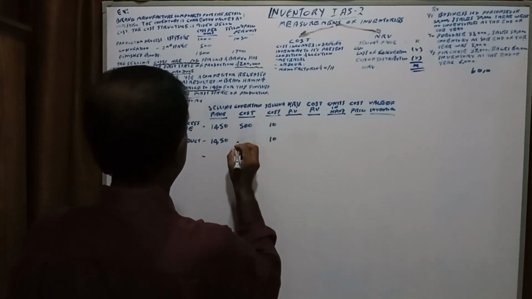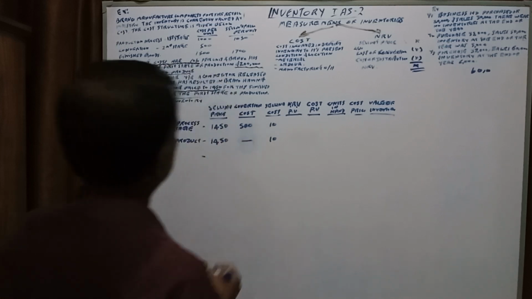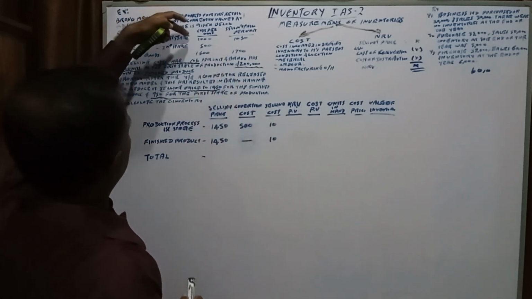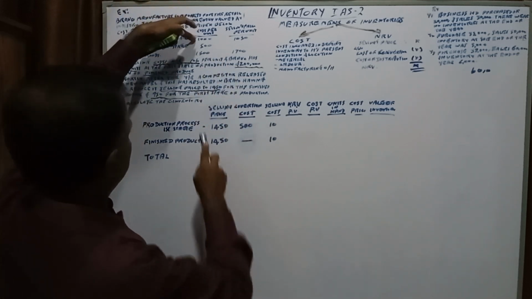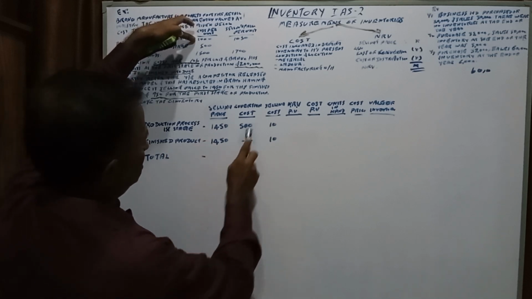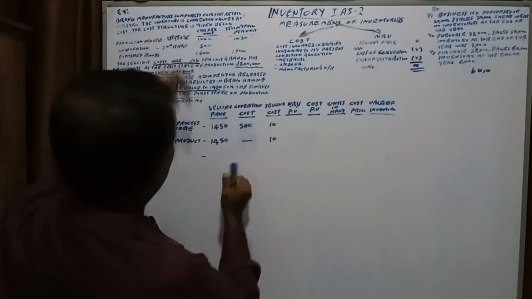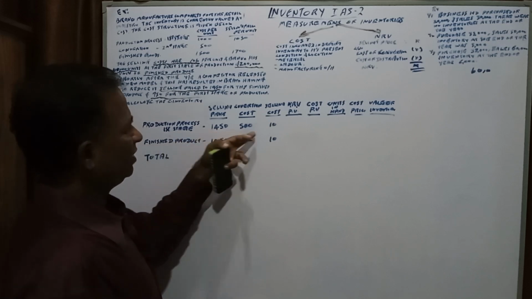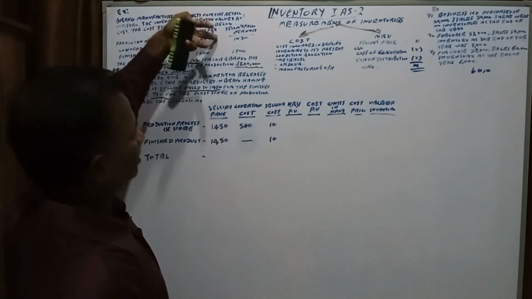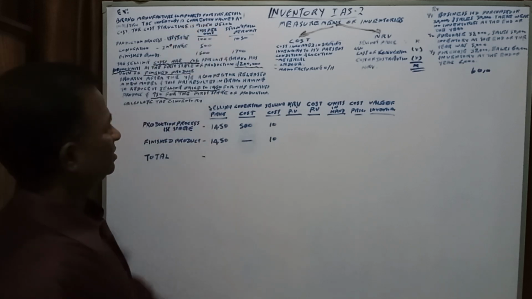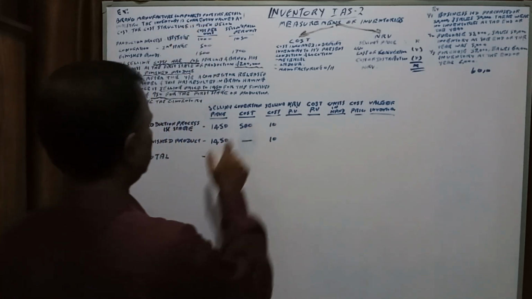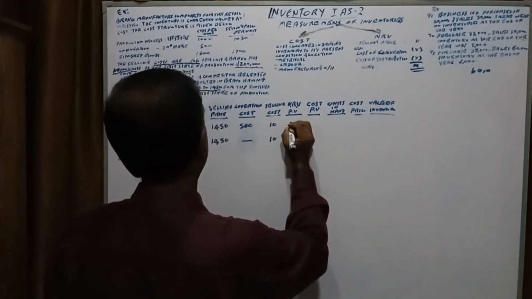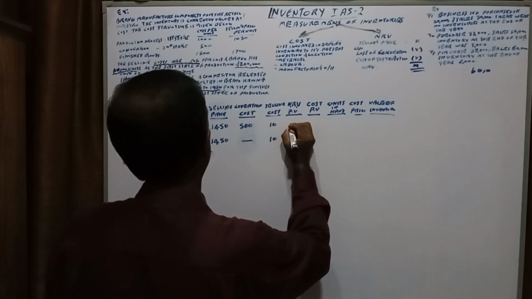At stage 1 you don't have to deduct anything. For the finished product, from the selling price we have to deduct the conversion cost to arrive at the net realizable value. So we get a net realizable value per unit of 960.